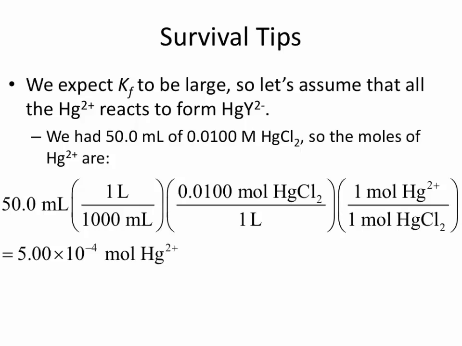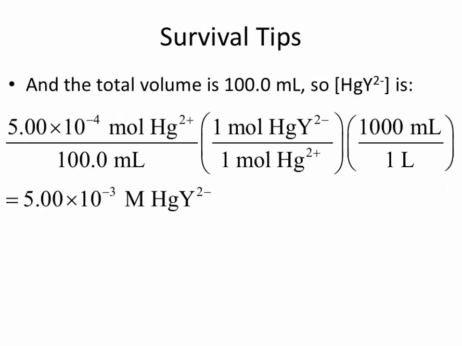Now we expect Kf to be large, so let's assume that all of our mercury 2 reacts to form mercury EDTA complex. We had 50 milliliters of 0.01 molar mercury chloride, so the moles of mercury ion are 5 times 10 to the minus 4 moles. The total volume is 100 milliliters, and that means that our mercury EDTA complex concentration is 5 times 10 to the minus 3 molar.